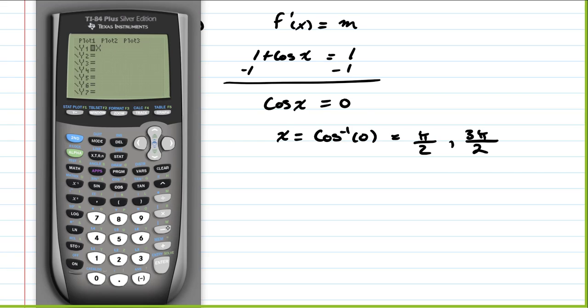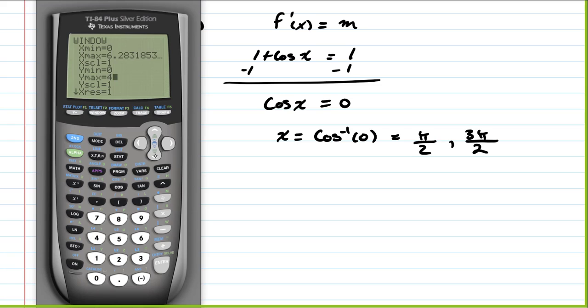So we have x plus the sine of x. And let's change our window. Let's make our x min 0, our x max 2 pi. I think our y min should be 0.